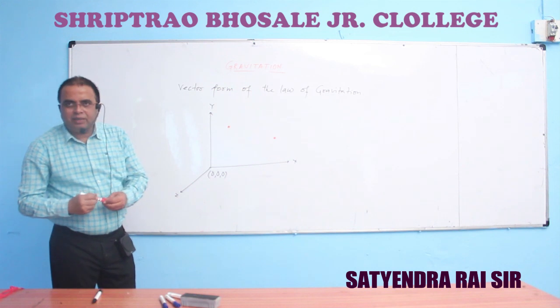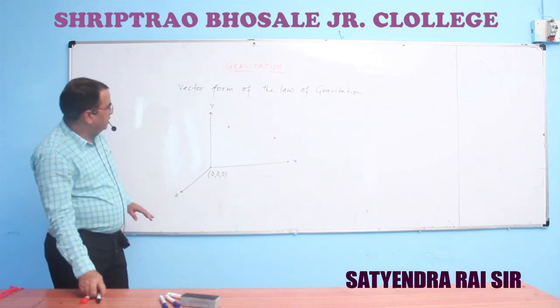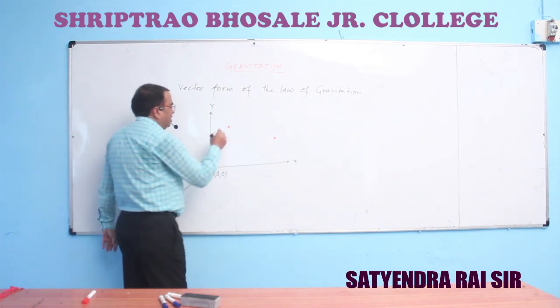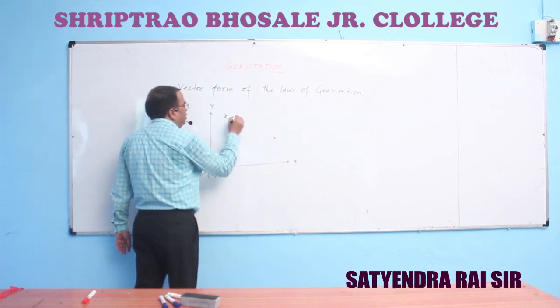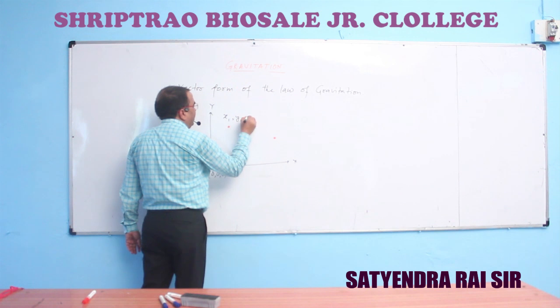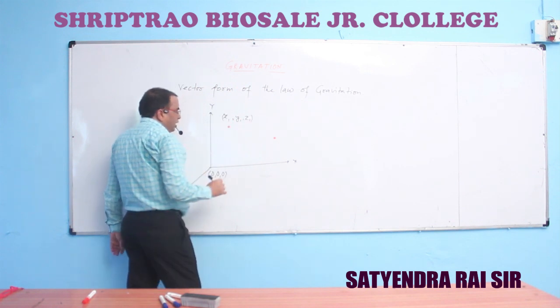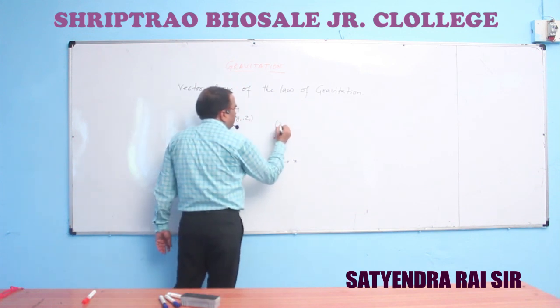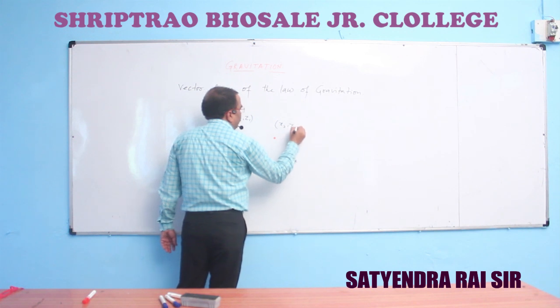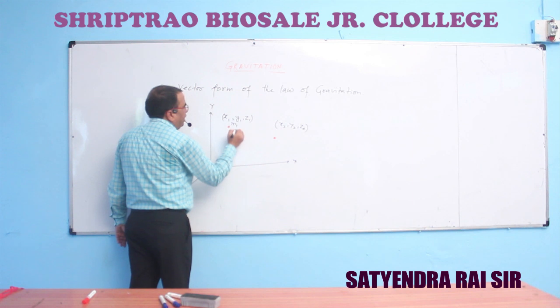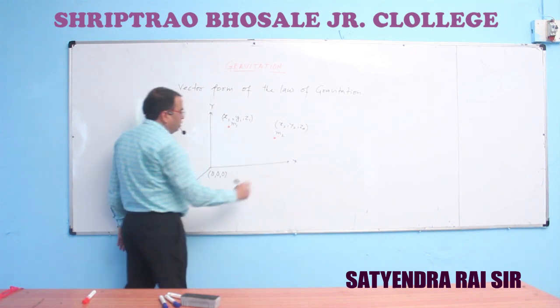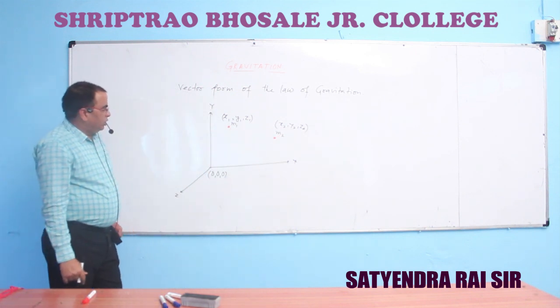The two mass particles are located in space, and their coordinates are x1, y1 and z1, as well as the second one having coordinates x2, y2 and z2, with masses m1 and m2 as usual.